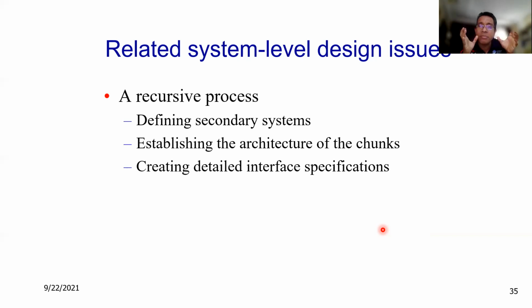We discussed some issues that are frequently raised during subsequent system-level design activities and their implications for the product architecture, such as defining secondary systems, establishing the architecture of the chunks, and creating detailed interface specifications. For defining secondary systems, what does it mean?